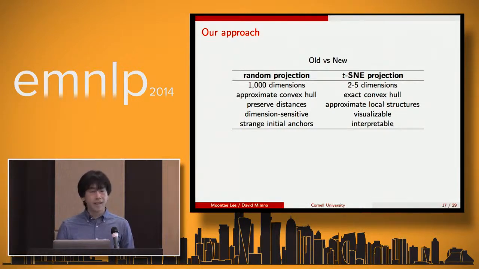Instead, we are going to find the exact convex hull because we are in very low dimension. It's easy to find the exact convex hull. The property of random projection is to preserve distance between the entities based on the Johnson-Lindenstrauss lemma. The property of t-SNE is to approximate the local structure. And based on this, we are going to achieve visualizable and interpretable quality.